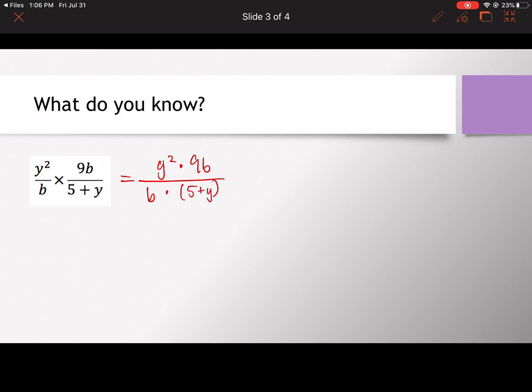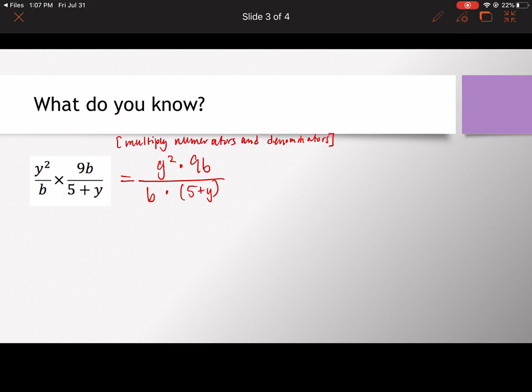Okay, I put the quantity 5 plus y there. So you multiply the numerators and denominators. That's step 1. I'm going to write these steps down so you can remember. So we multiply the numerators and denominators.